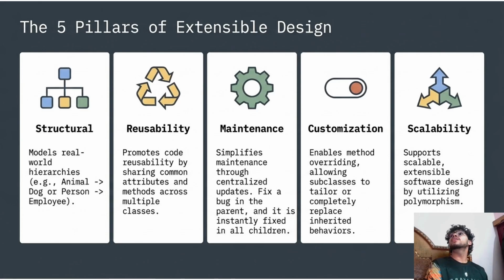So you don't have to make the same attributes for every single person. Now maintenance: it simplifies maintenance through centralized updates. Fix a bug in the parent, and it's instantly fixed in all children. Customization: if you want to customize anything, you can easily customize. Scalability: it gives scalable code and extensible software design by utilizing polymorphism.